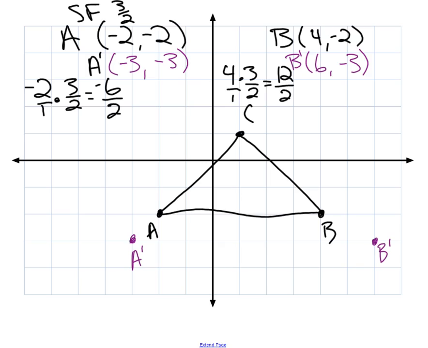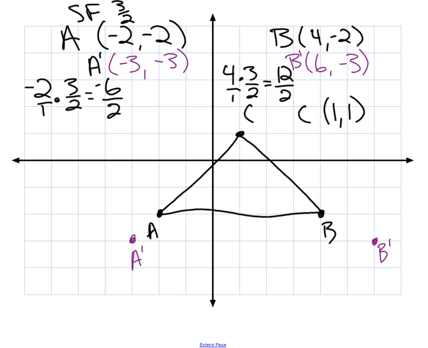Okay, and then C. C is at 1, 1. So what's going to happen when we multiply 3/2 times 1? What's any number times 1? Itself. So what's 3/2 times 1? 3/2.